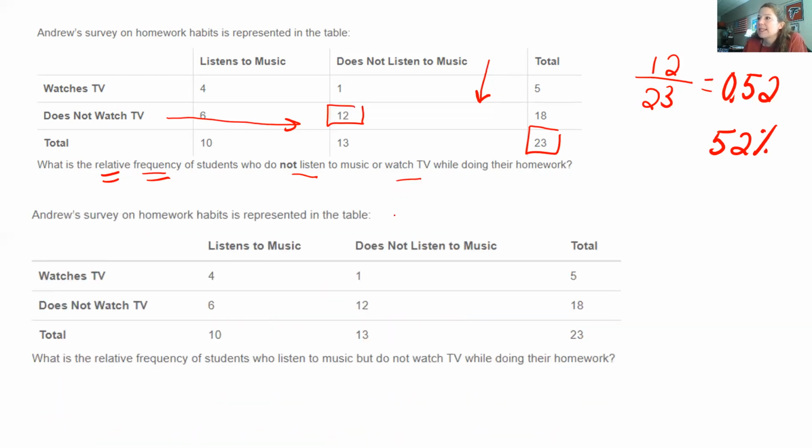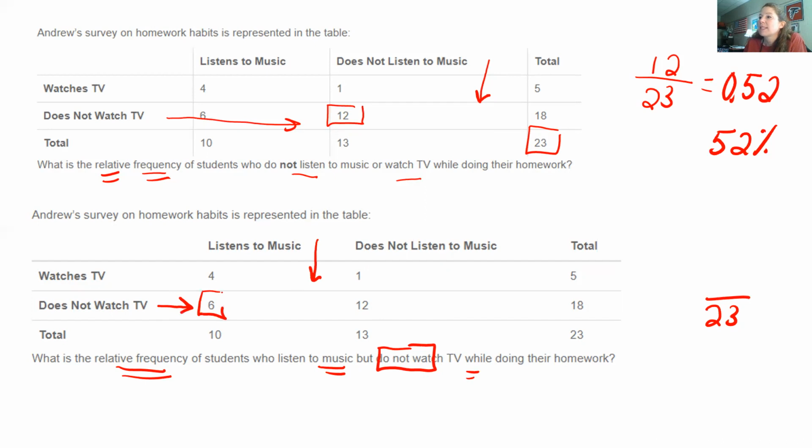So this time it says Andrew's survey on homework habits is represented in the table. This time we want to know the relative frequency. So once again, we're using 23 as our denominator of people who listen to music but not watch TV. All right, so listens to music this way, does not watch TV this way.